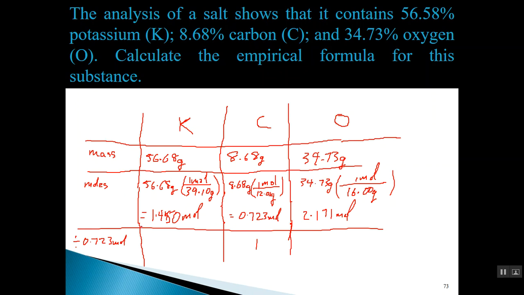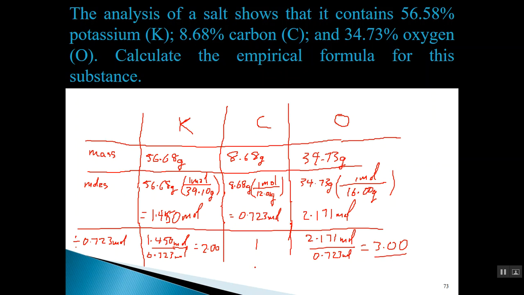If I divide 1.450 moles by 0.723 moles, I'm going to get 2.00, and over here, 2.171 divided by 0.723, I get 3.00.